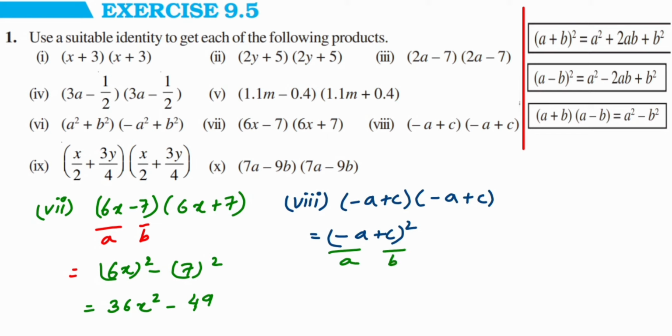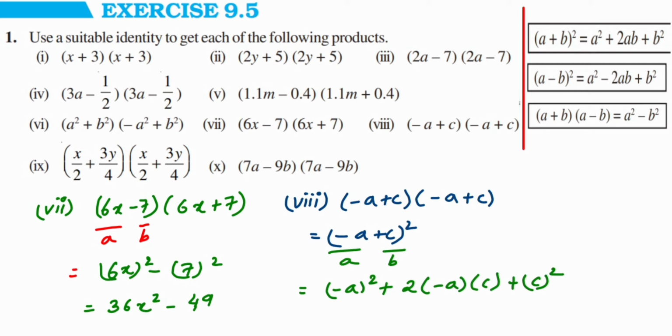We're going to use the first identity, a plus b whole square is equal to a square plus 2ab plus b square. So from here this is equal to a square, which is minus a whole square, plus 2ab, so 2 into a value is minus a and b value is c, plus b square, that is c square, we'll get.